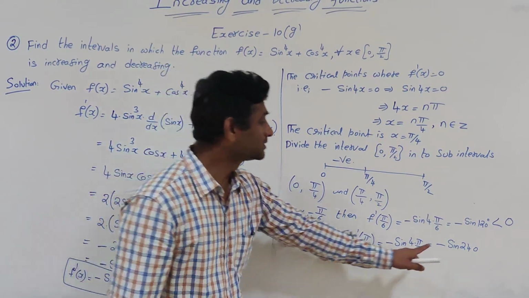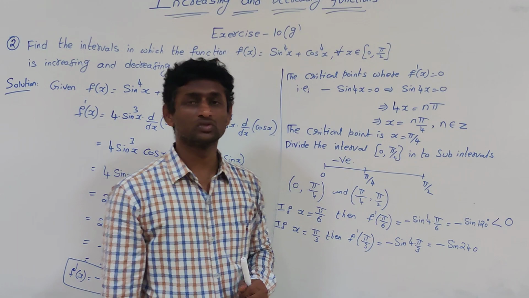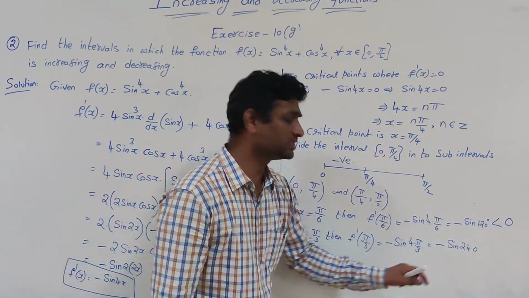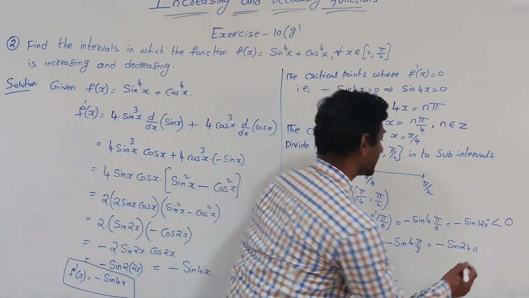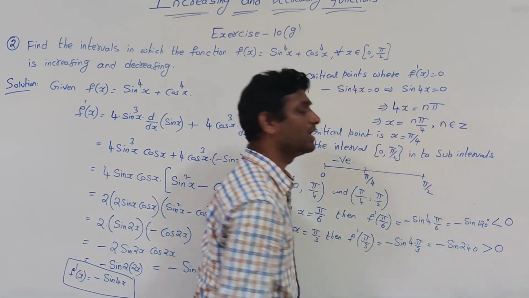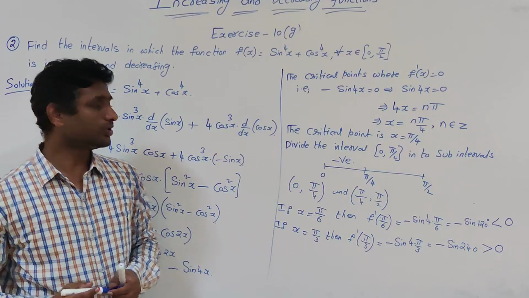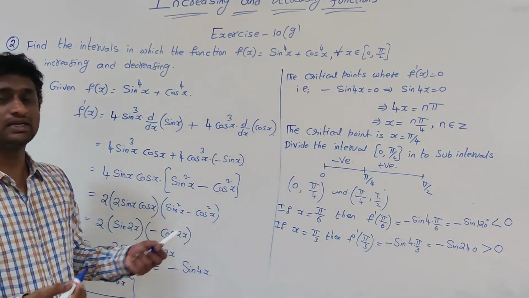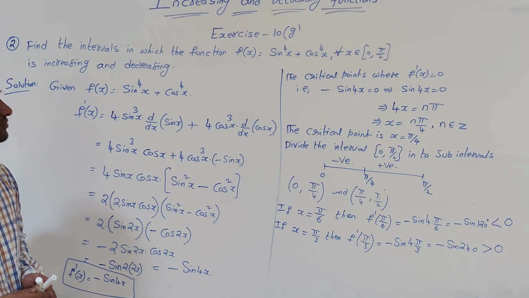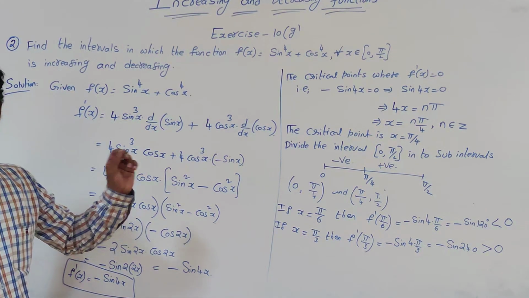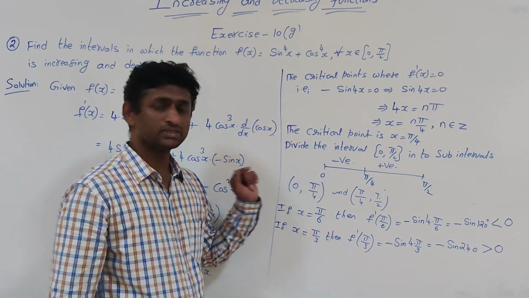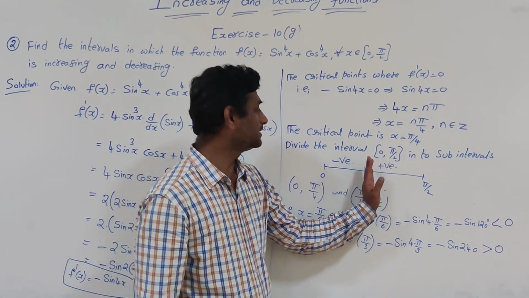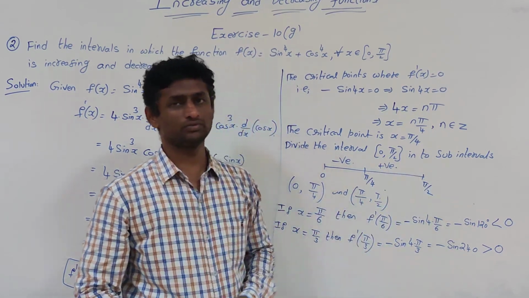In third, sin will have a negative sign. So sin 240 will be negative. But already one minus is there. So overall minus sin 240 will be a positive value. So what we can conclude is the function f of x decreases in the open interval 0 to pi by 4 and increases in pi by 4 to pi by 2.